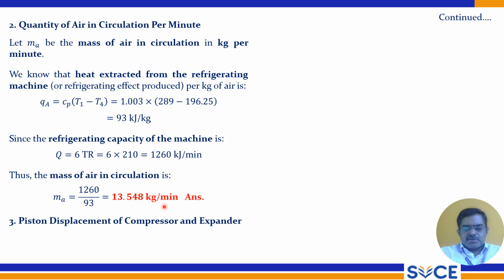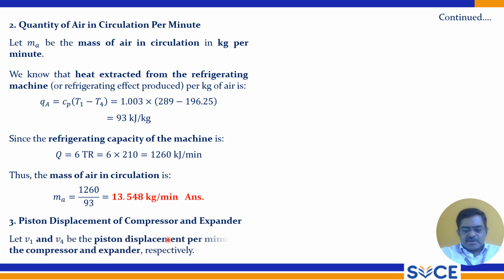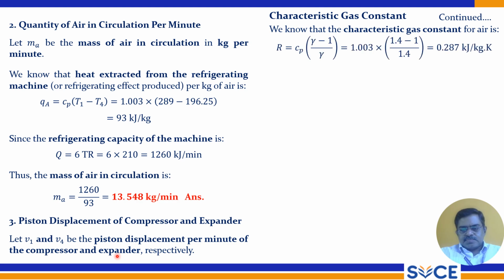So next is piston displacement of compressor and expander. So let V1 and V4 be the piston displacement per minute of compressor and expander respectively, and characteristic gas constant, that is nothing but R equal to Cp into gamma minus 1 divided by gamma, that is equal to 1.003 into 1.4 minus 1 divided by 1.4, that comes 0.287 kilojoules per kg degree Kelvin.